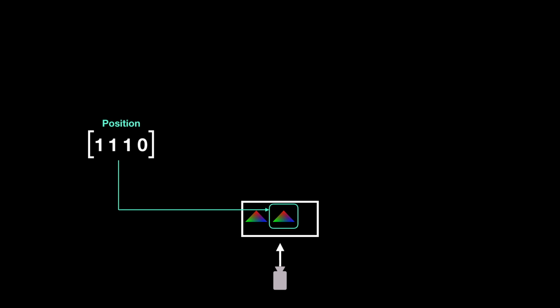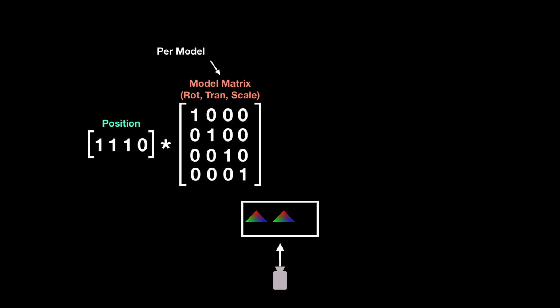So let's take another little example and understand how these matrices work together. We have a position in space, and it doesn't matter what it is, these are just obscure numbers. Actually, I'm using identity matrices, which wouldn't even move this in the first place, but bear with me. We multiply that position by the model matrix, and this will be per model, and it moves, just like I showed you in the last slide. But then we want to move the entire world. So we've outputted a position from the position times the model matrix.